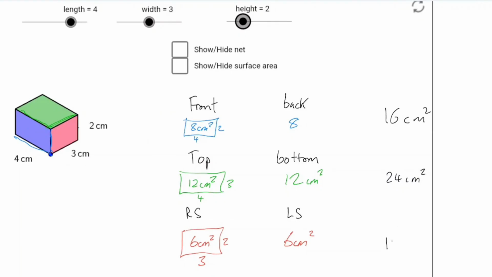And 6 plus 6 is 12 as well, centimeters squared. Add that all together and that will give you our total surface area. So 16 plus 24 is 40, plus the 12 is 52, so 52 centimeters squared.